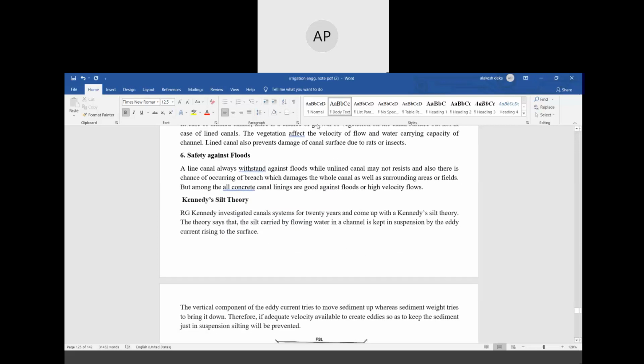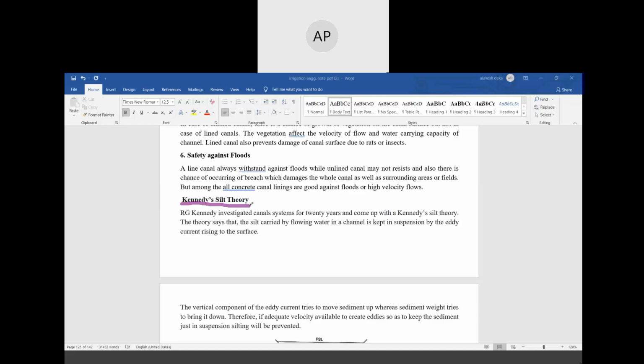Next, another important point is Kennedy's silt theory. R.G. Kennedy gave some assumptions and one theory to study the silt, that means the behavior of suspended particles.